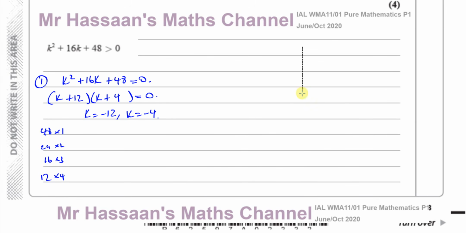So what I'm going to do is draw a little sketch. I'm going to have k equals minus 4 and k equals minus 12. This is my k-axis. Okay, and I can see that this is a smiley face, and it's going to go through 48 here on the y-axis, and it's going to go like this.